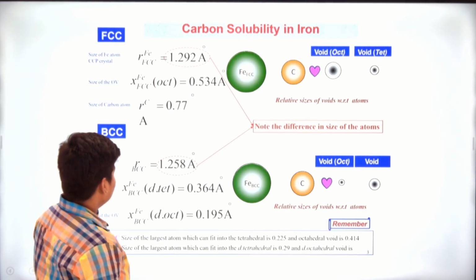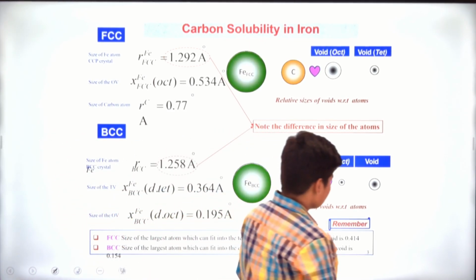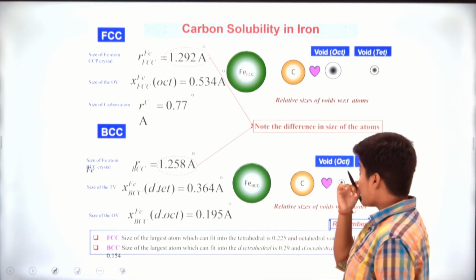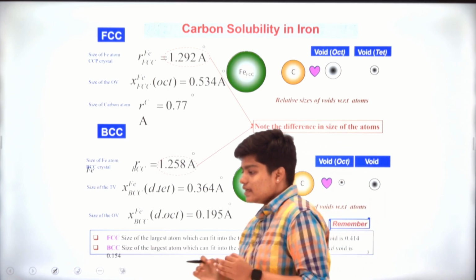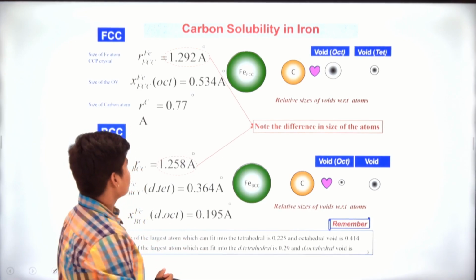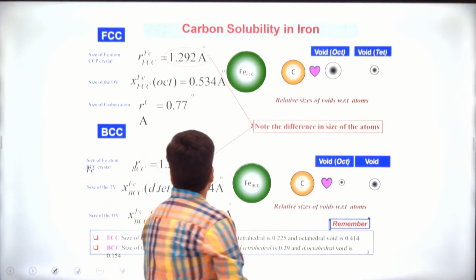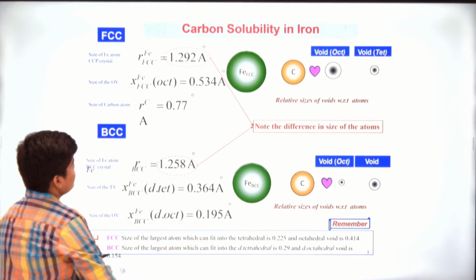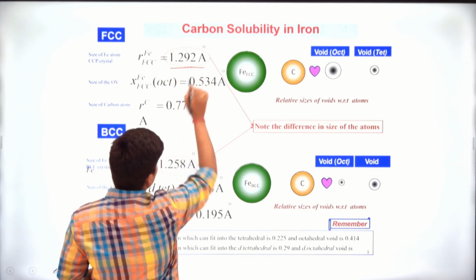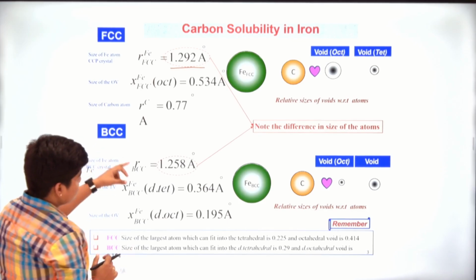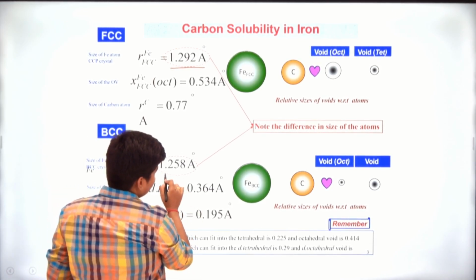So here is the conclusion, the calculation conclusion point: why the carbon solubility in BCC structure is less than in FCC structure. We know the size of the Fe atom in a cubic close packing (CCP) crystal is 1.292 angstrom, but in FCC it is 1.258 angstrom.